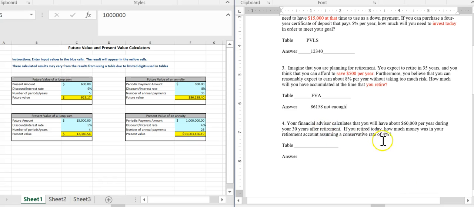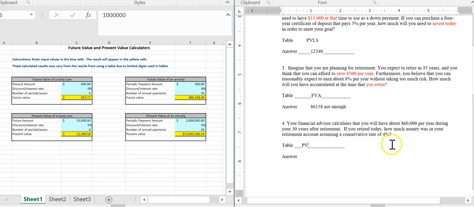My financial advisor says I will need to have $60,000 per year. Okay, $60,000 a year for 30 years. So I'm thinking right now that I'm going to have this timeline. Picture every year I need $60,000. Here's the question. If I retired today, what's today again? Today is present value.